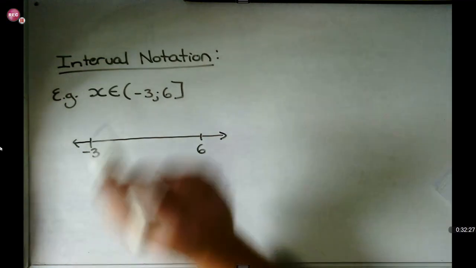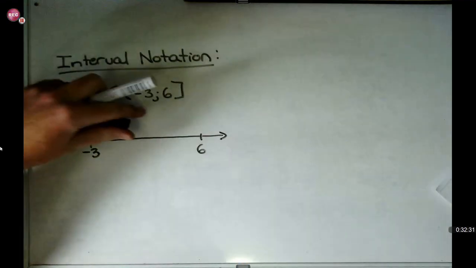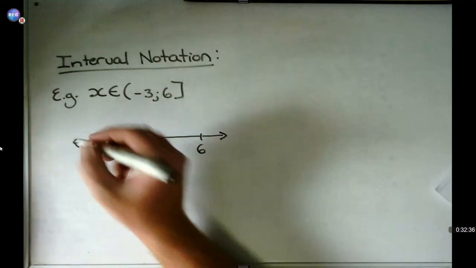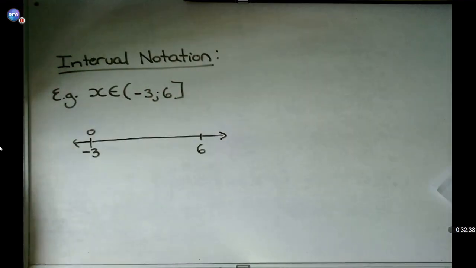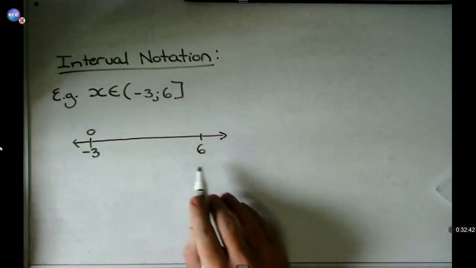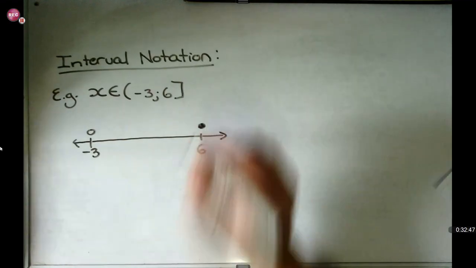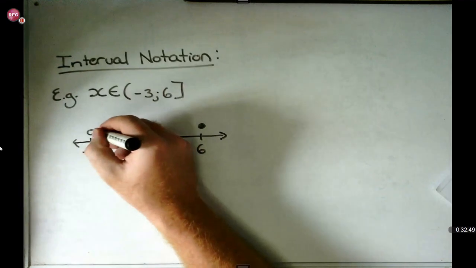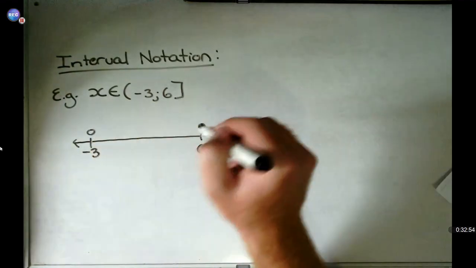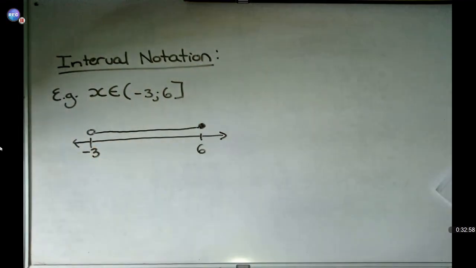Now, this curved bracket over here tells you that -3 is not included, so it needs an open dot. So you draw an open dot. The block bracket by 6 tells you that 6 is included, so it needs a closed dot. And you're counting from -3 all the way to 6, and that's where it stops. So we need to connect the dots.